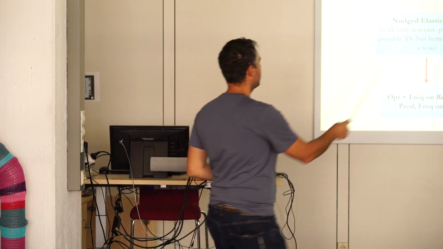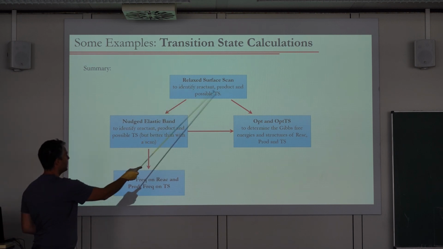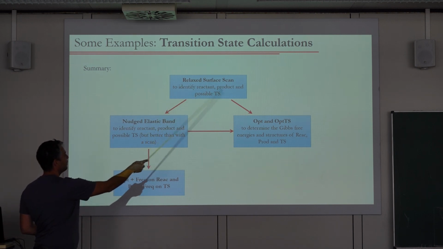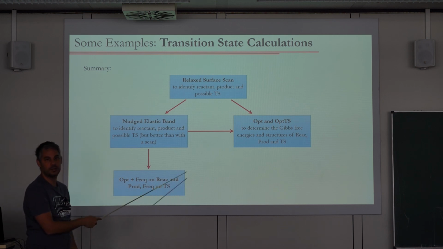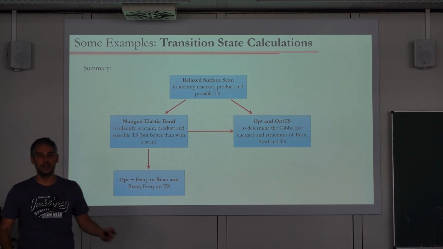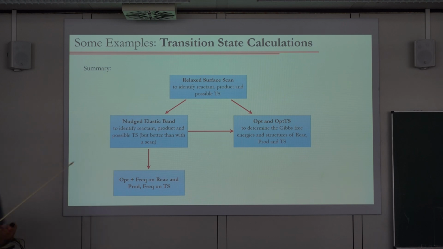So this is more or less a summary. Relaxed surface scan to identify reactant, product and a possible transition state. You can do a nudged elastic band, and then I do opt plus frequency on the reactant and product, but only frequency on the transition state. And it will give me, okay, this is something that could be happening. I'm not saying that this is true, but it's a possible reaction, a possible barrier and possible transition state.